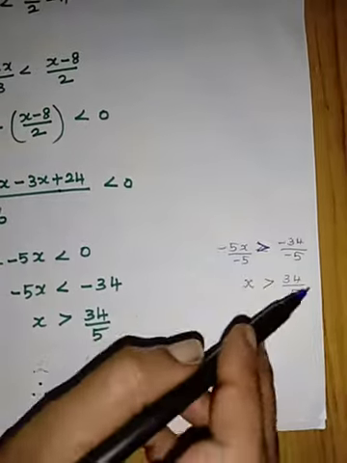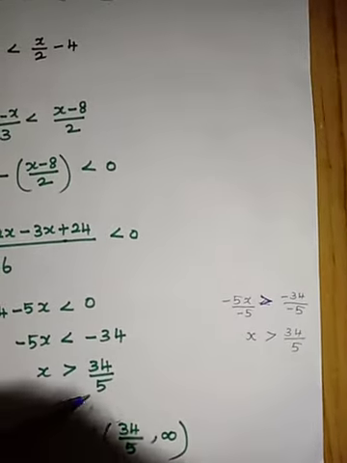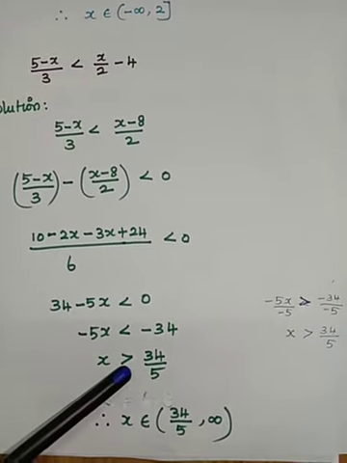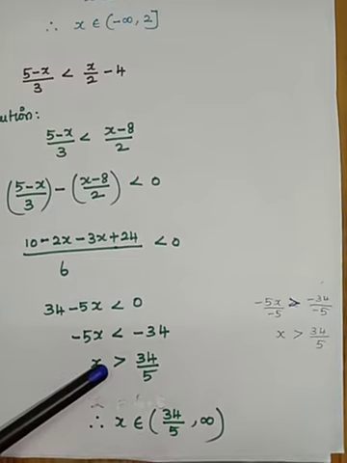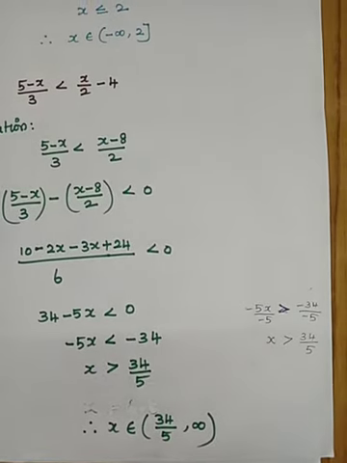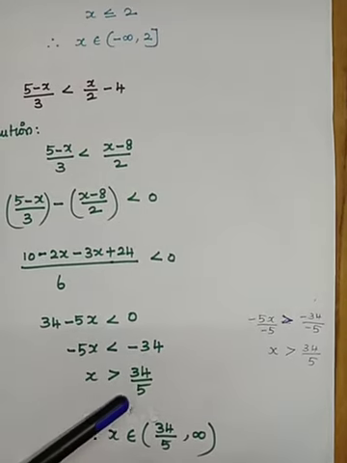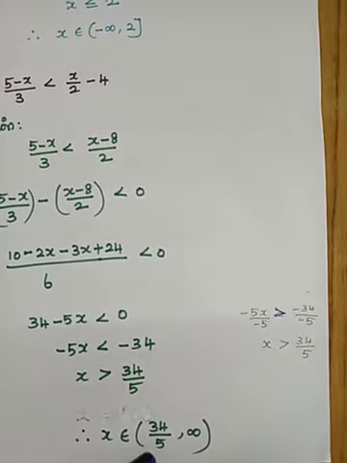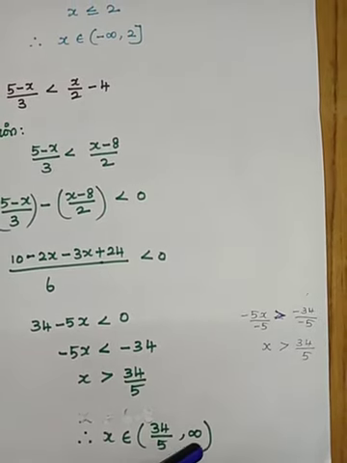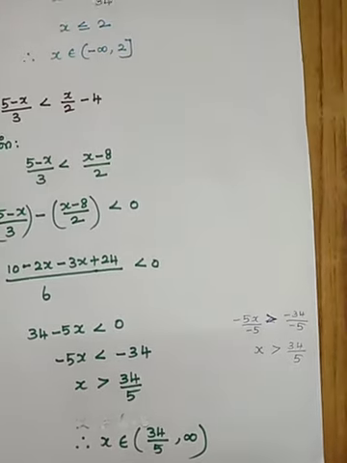Okay, so 34 by 5 is not included. x is greater than 34 by 5. So greater than comes, you have to write the real numbers which are to the right of 34 by 5. So x belongs to 34 by 5 to infinity. So it has to be written within the open interval.